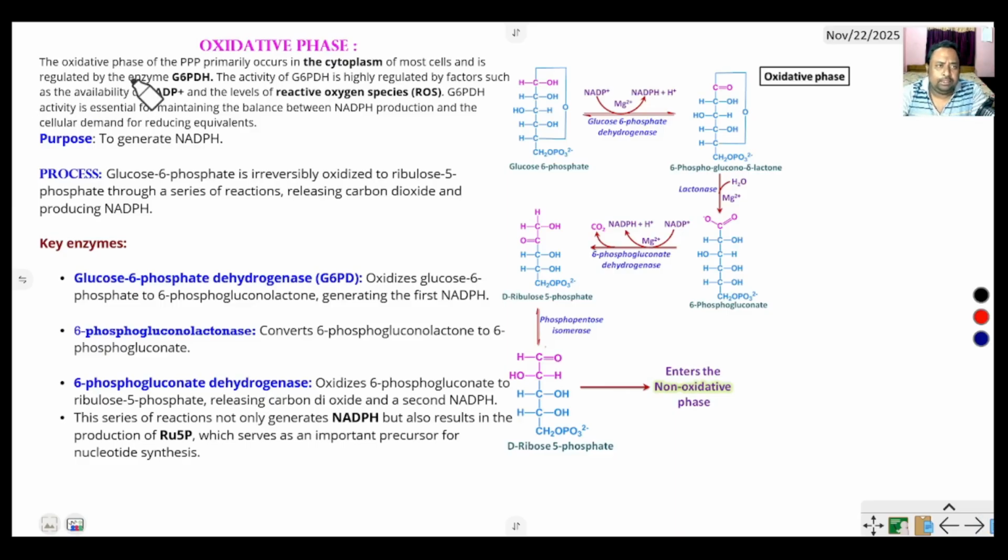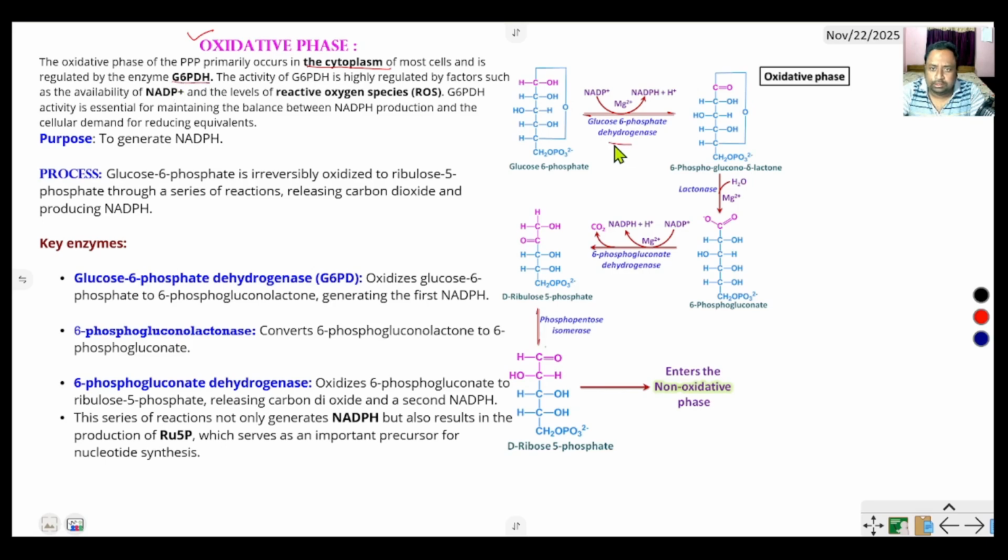The first step is the oxidative phase. The oxidative phase of this cycle occurs in the cytoplasm of most cells, and is regulated by the enzyme glucose 6-phosphate dehydrogenase.